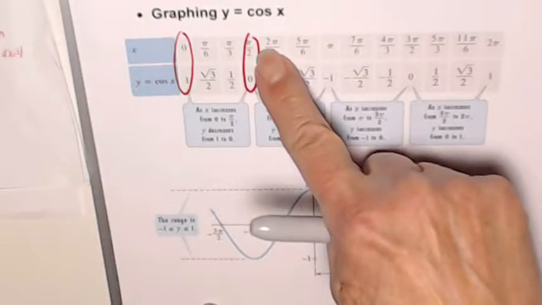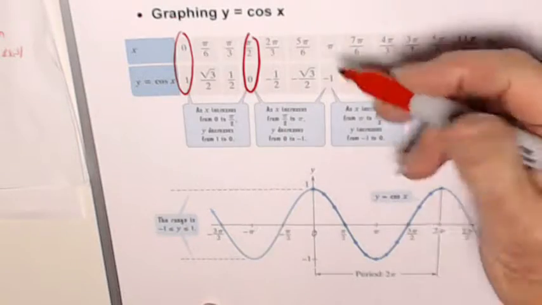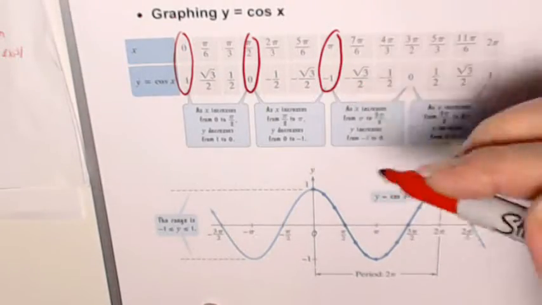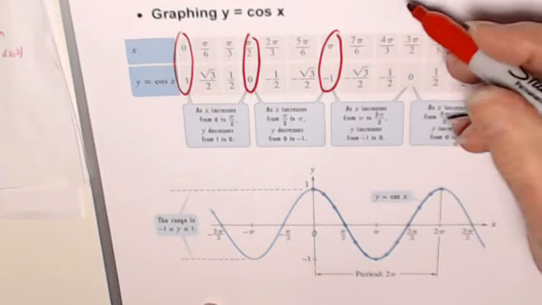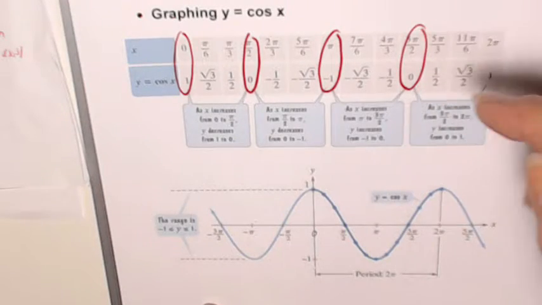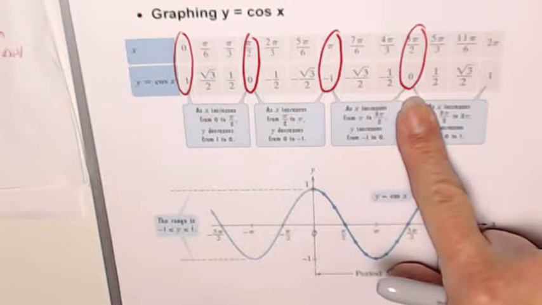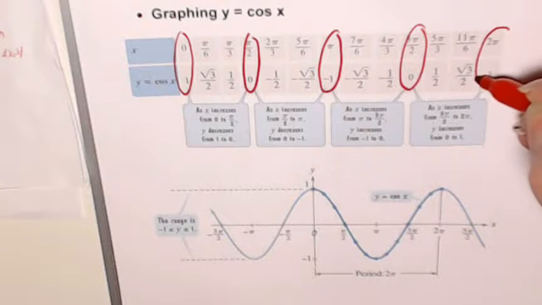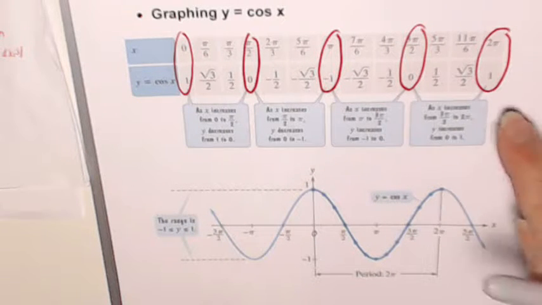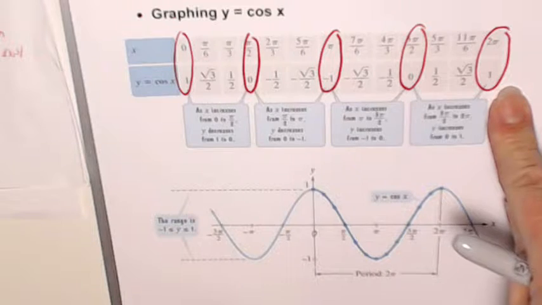When x is pi over 2, cosine is 0. When our angle x is pi, we're at -1. At 3 pi over 2, our cosine is 0. And last but not least, when we've made the complete cycle and we have an angle of 2 pi, our cosine is back up at 1.